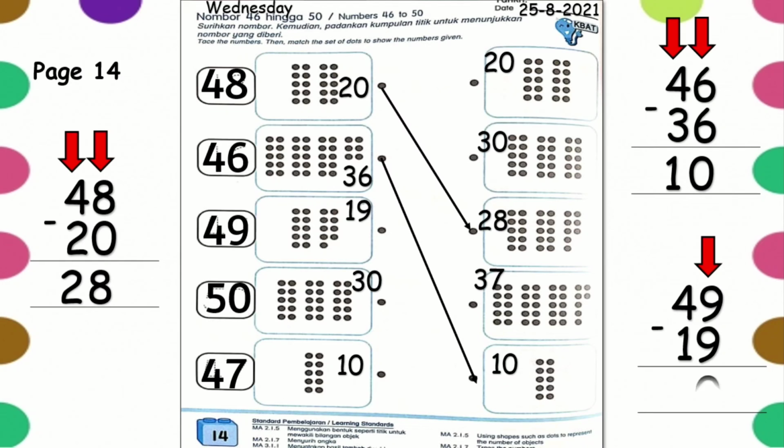Again, the answer is 0. And the tens, 4 minus 1 is 3. Very good. So you have to match 19 to 30. Now 19 together with 30 will be 49.